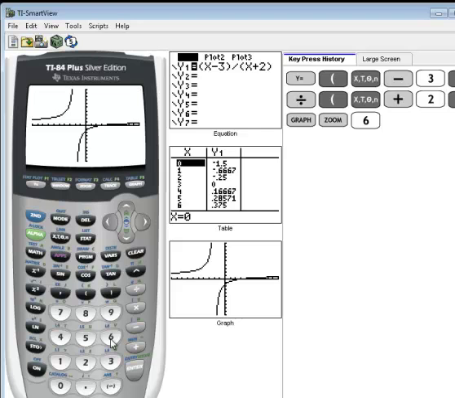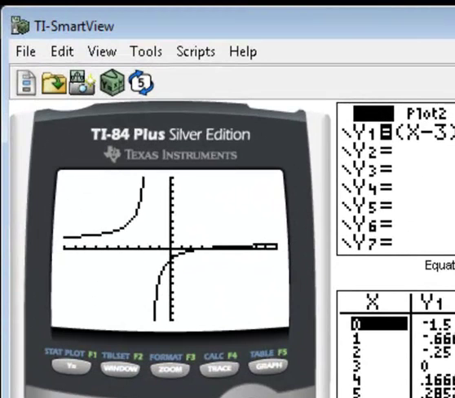Now that you have the graph, let's examine some of the unique characteristics of a rational function graph. Notice that the graph comes close but never touches the vertical line that is x equals negative 2. We can see this by using trace to find y values for certain values of x.